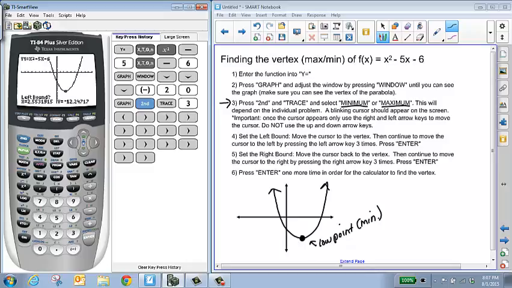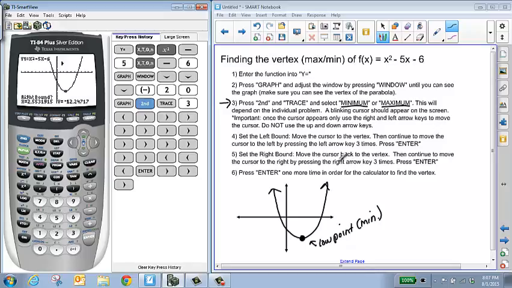So once you have that cursor as close as possible to the location of the vertex, when it says left bound, you're going to hit the left arrow key 3 times. 1, 2, 3, and hit enter. When the question changes to right bound, before you do anything, you want to move that cursor back to the vertex, like so.